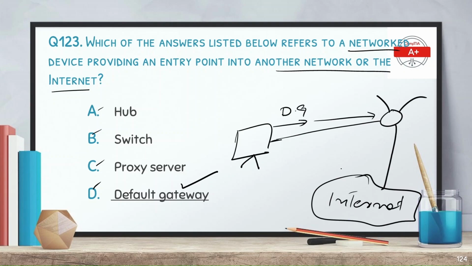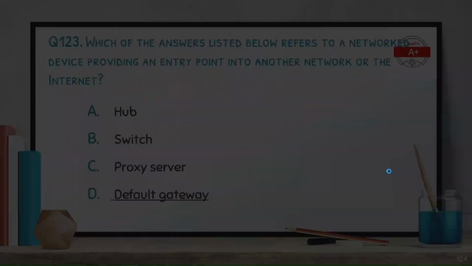So that is the concept of the default gateway, because every traffic, or every IP address, application or website that you access goes through this default gateway.